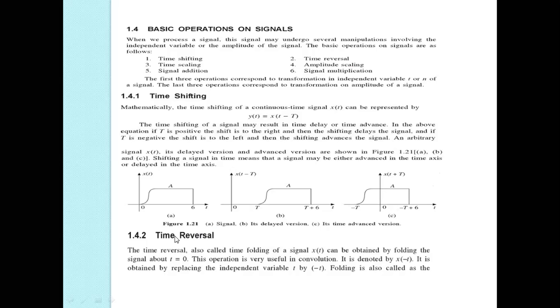Okay, my dear students. Now time reversal, or folded function. The time reversal, also called time folding of a signal x of t, can be obtained by folding the signal about t is equal to 0.